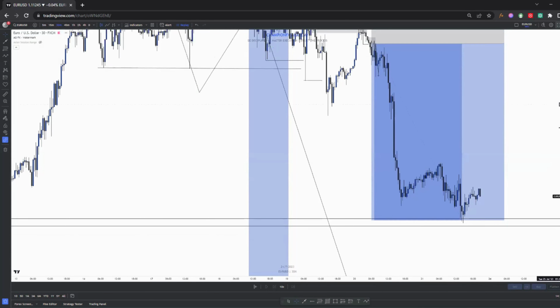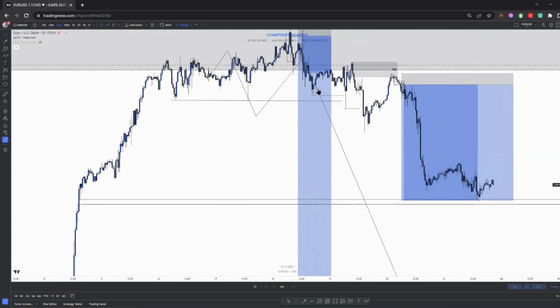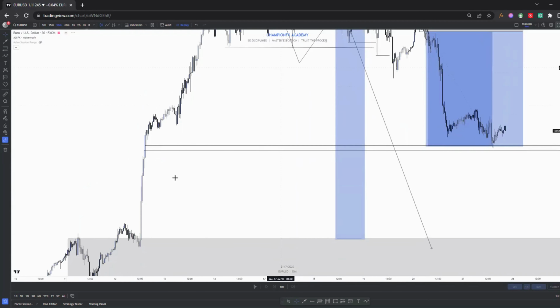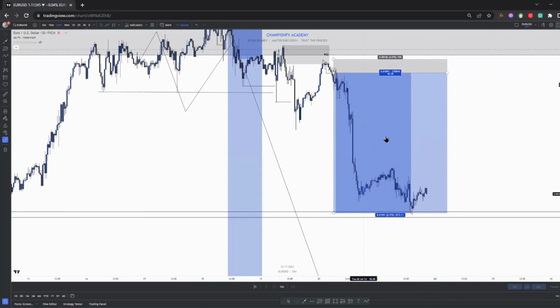But the one that I missed, I was just looking at swinging it into filling this huge daily imbalance over here. And then we'll be looking for buys within this daily demand area. All right. So guys, that is how I was able to get this 5% actual account growth and then 1:10 RR trade on EURUSD.